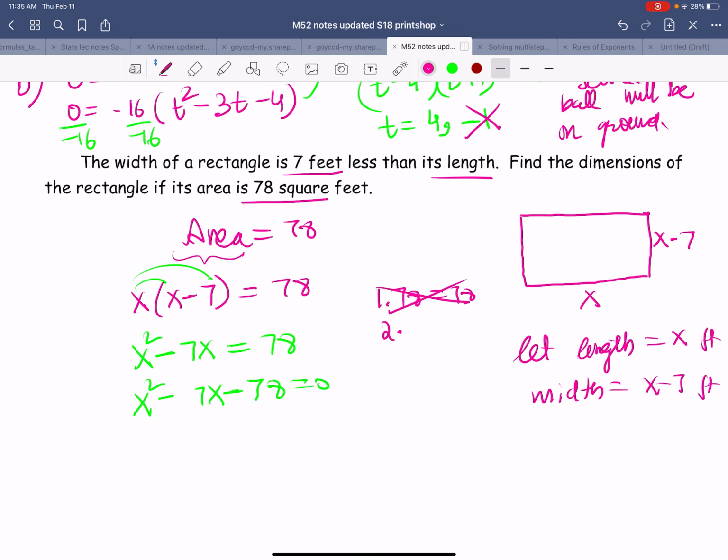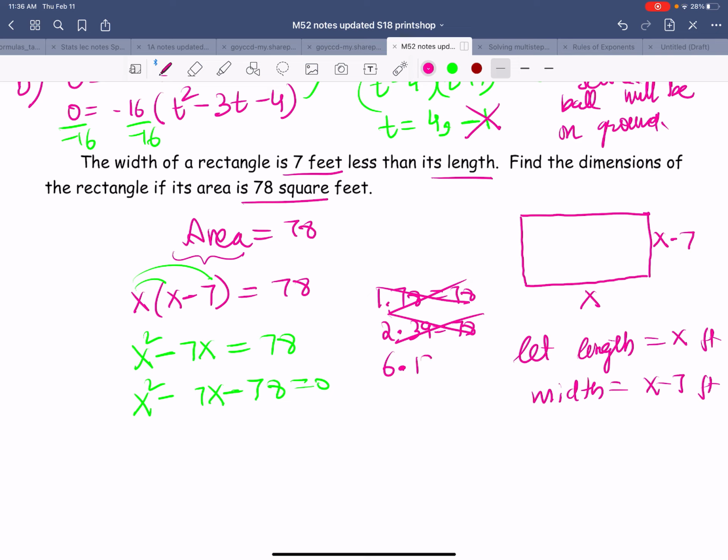2 times what gives you 78? 2 times 39, which is not going to work out either because they're not going to give me a 7 when I add or subtract. 78 does not divide by 3. Does 78 divide by 4? 78 does not divide evenly by 4, not by 5. How about 6? 6 times what number gives you 78?